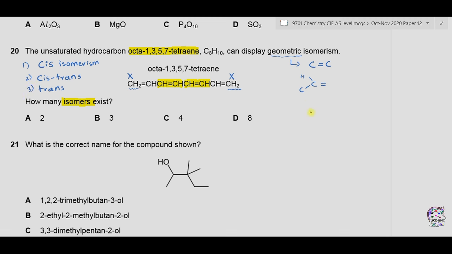The structures would be like this. For cis we can draw this. This is when both are cis.